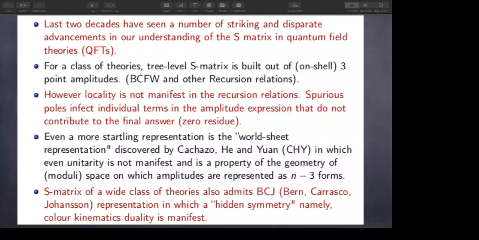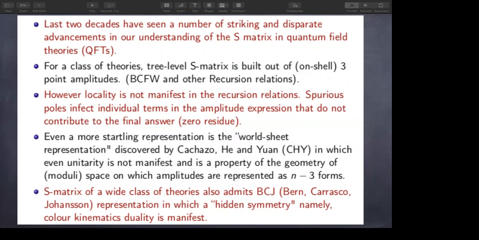But it turned out to emerge from a property of the geometry of the underlying space, called moduli space, on which amplitudes were represented not as functions but as a kind of differential form. The CHY formalism is not important for us, but I wanted to give you an example of a new representation of amplitudes where even unitarity emerged as the consequence of something deeper.